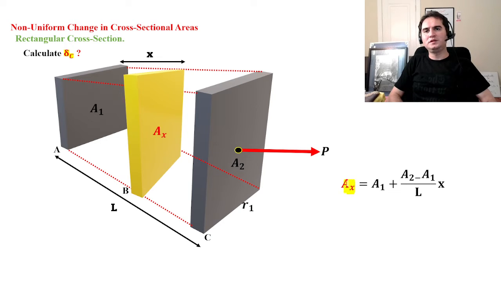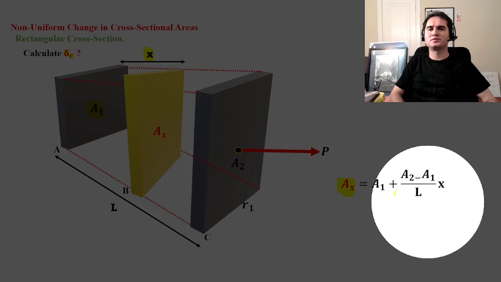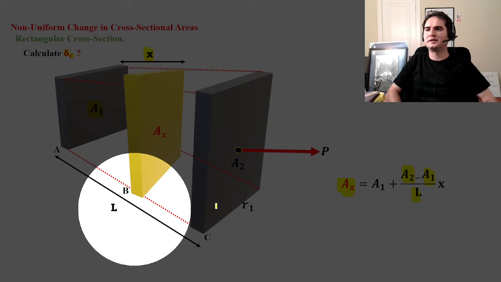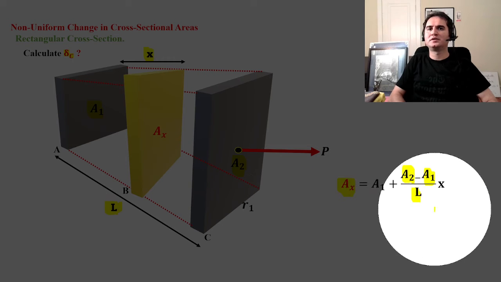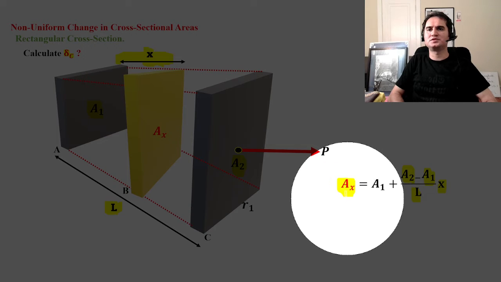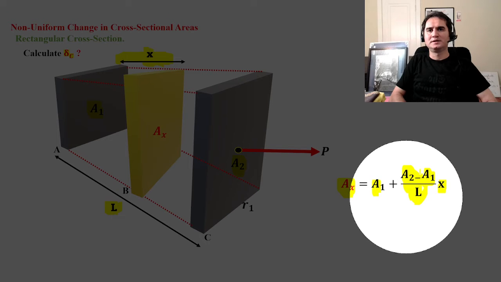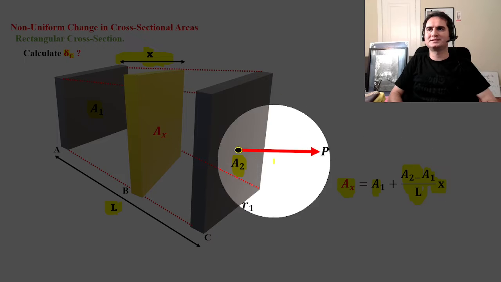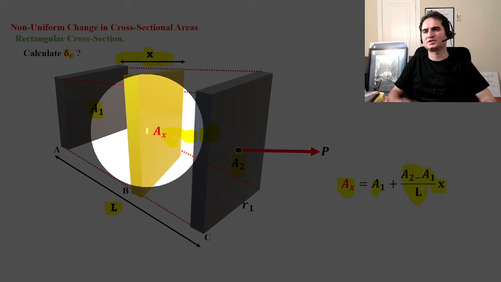If you develop the equation for A sub x from the beginning, that's A1 plus the slope of the line, A2 minus A1 over the length L, times x, which is the distance from the beginning. So A sub x is A1 plus (A2 minus A1) over L times the distance to our elemental cross-sectional area.